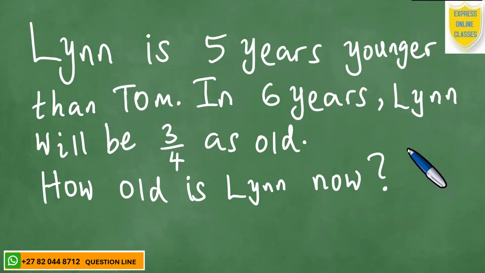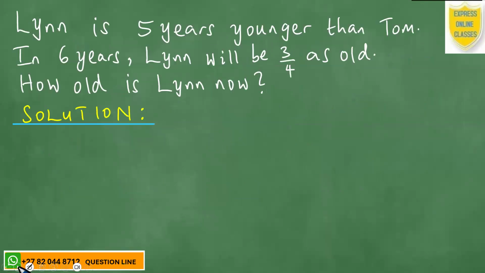And we begin as follows in an attempt to get to the answer here, very diligently, but in a very pedantic manner. If we say indeed Lynn is 5 years younger than Tom, in 6 years, Lynn will be 3/4 as old. How old is Lynn now?